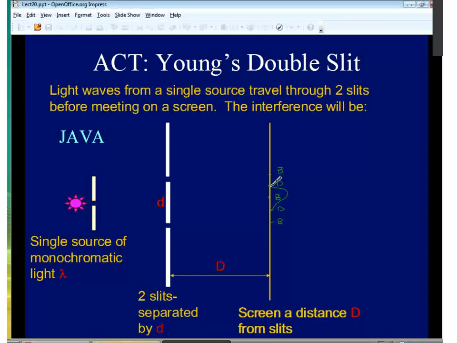It becomes 0, but then again rises. Again becomes 0. This pattern goes on and on. So there are several points at which there is pitch darkness, and there are several points where there is extreme brightness.